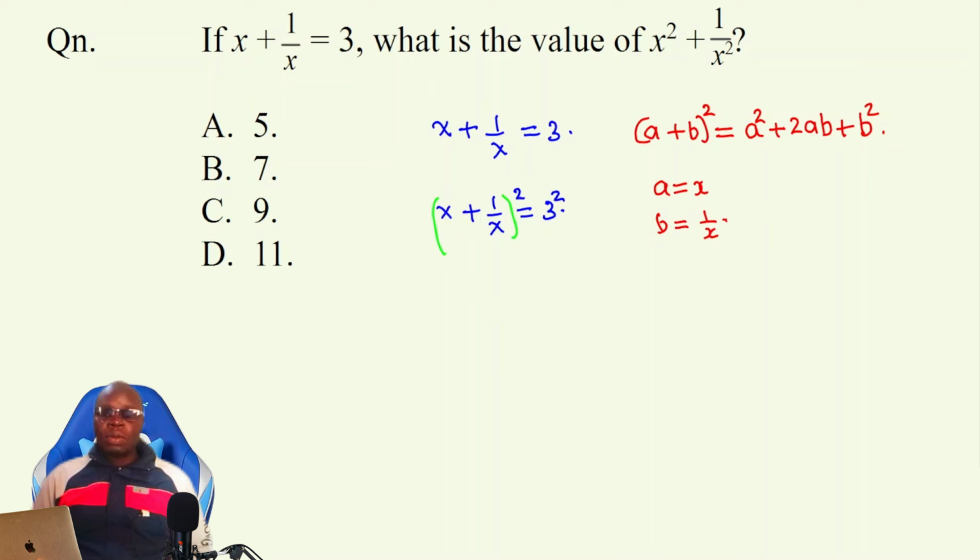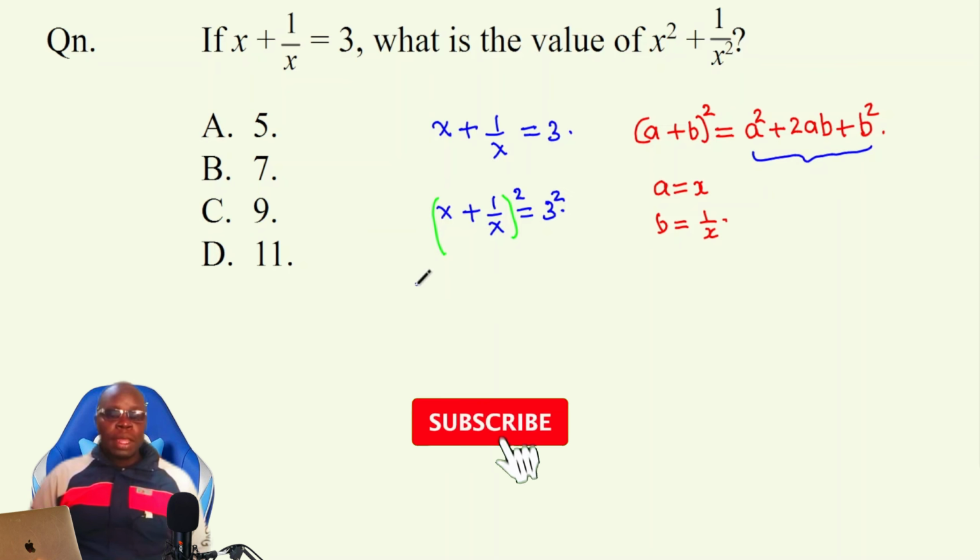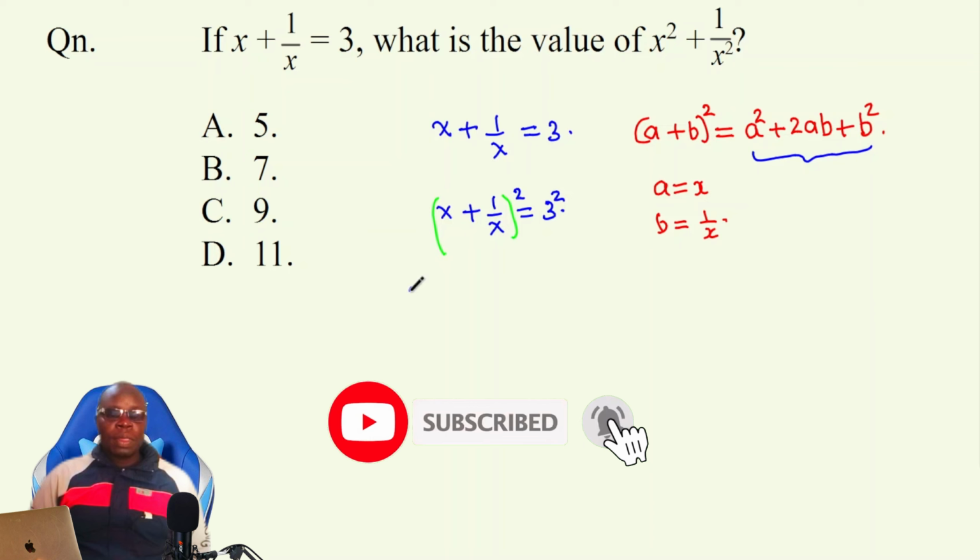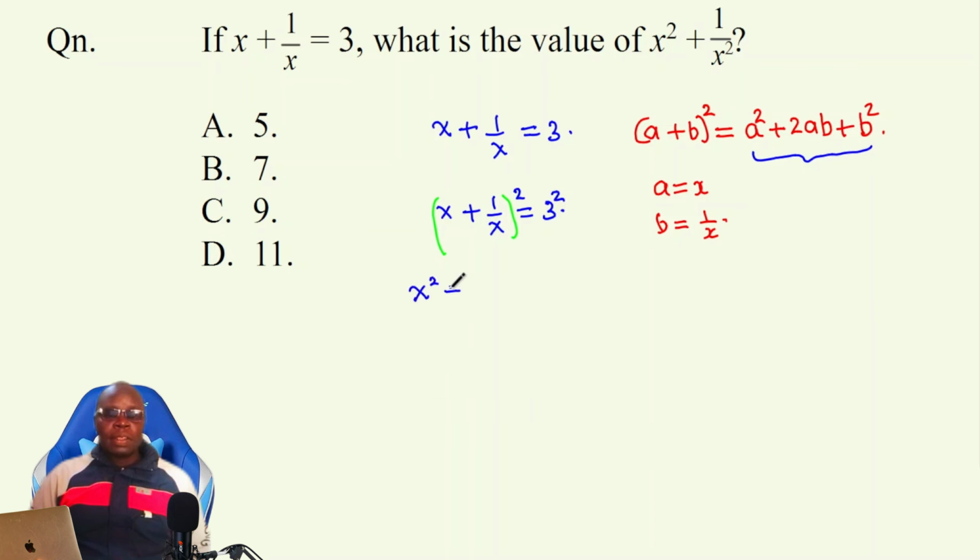So with all that, we can expand following the same criteria we have for our identity here, where the first term is squared to x square, and plus the term in the middle we multiply 2 times x times 1 over x, and maybe we can place it inside a bracket because this is one term in the middle.